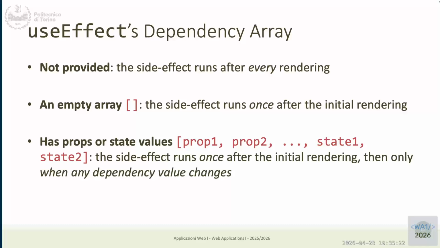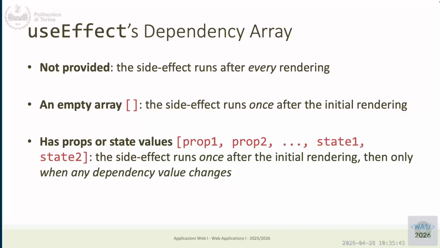And very likely, those state variables will be used inside the function to change something, to do something. Okay, normally it's not very useful to run a callback when some variable changes and inside the callback the value of the variable is not used.